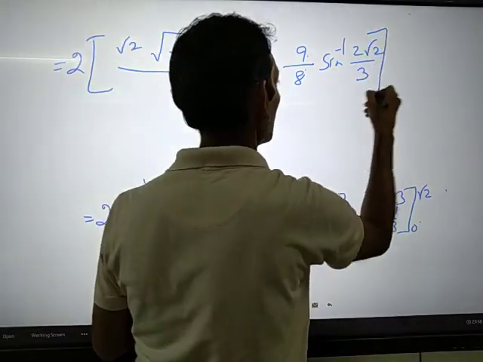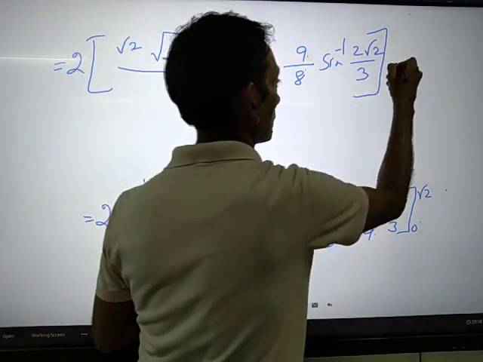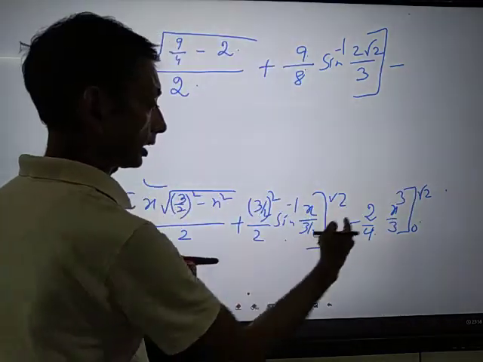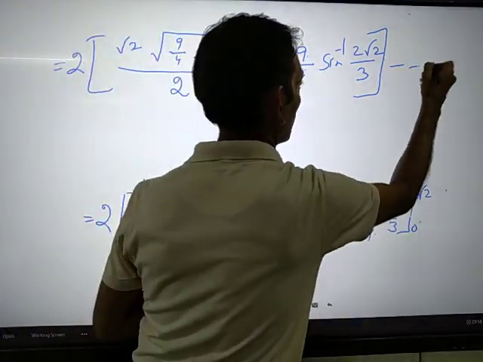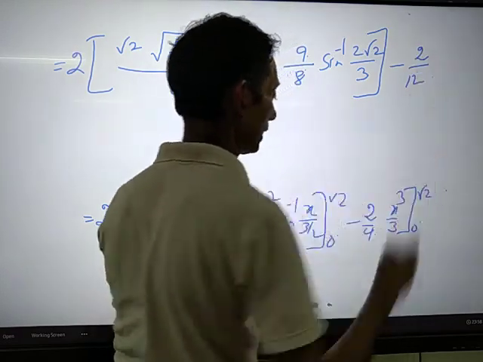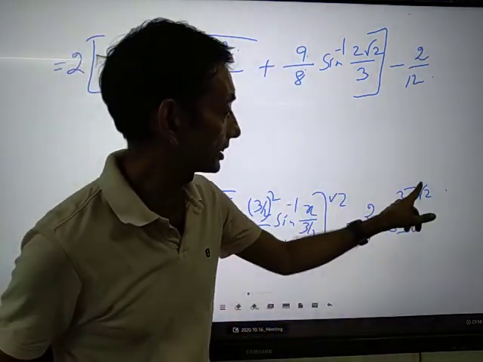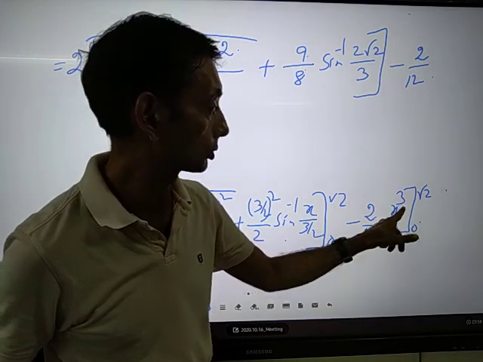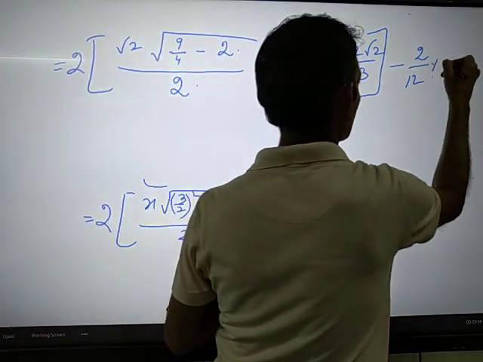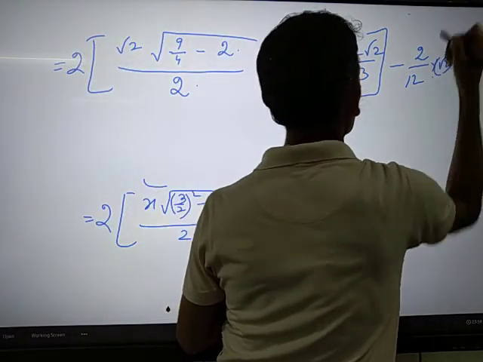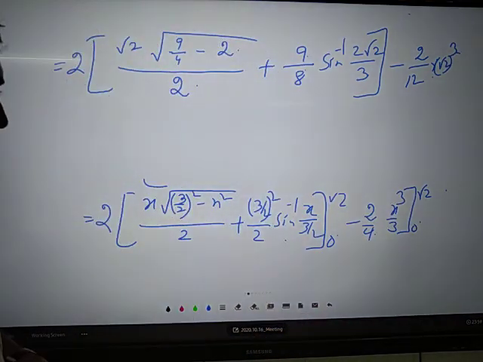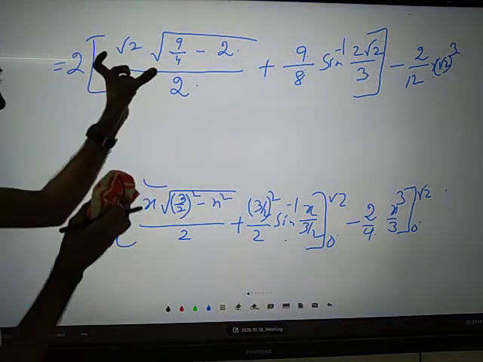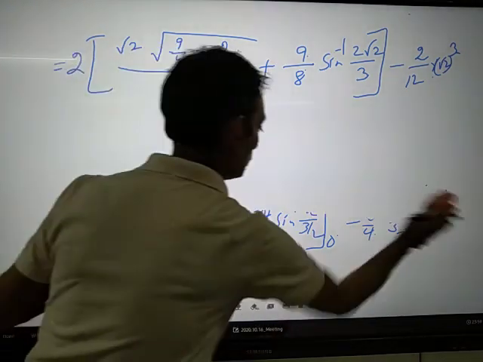So we don't need to substitute that, fine. Next, this is 2 by 12, you need to substitute x cube is equal to root 2 cube. We'll remove the bracket and multiply now.